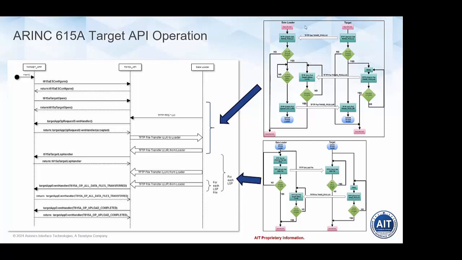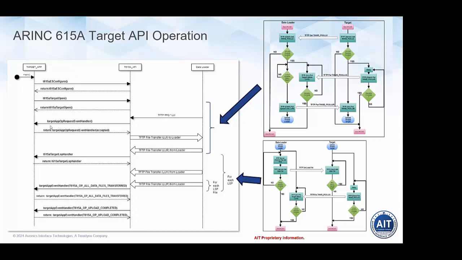So if we go over to the protocol flow, the way an upload operation would start is the data loader would first do a read request of an LUI file, a file with an LUI extension. When that occurs, this event handler gets called back when the target receives the LUI read request from a data loader.